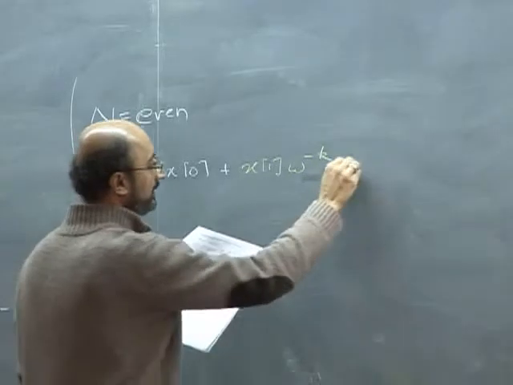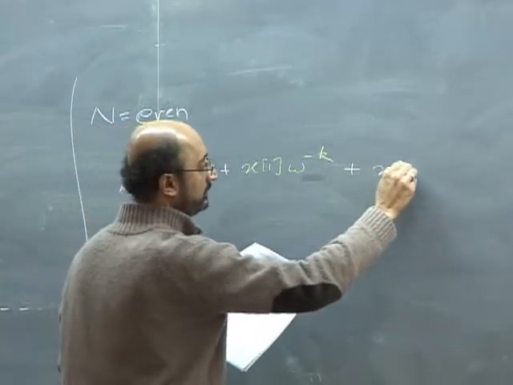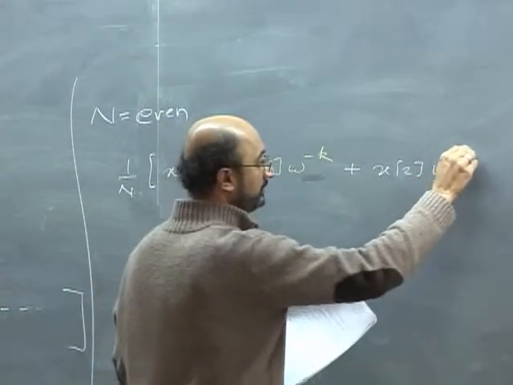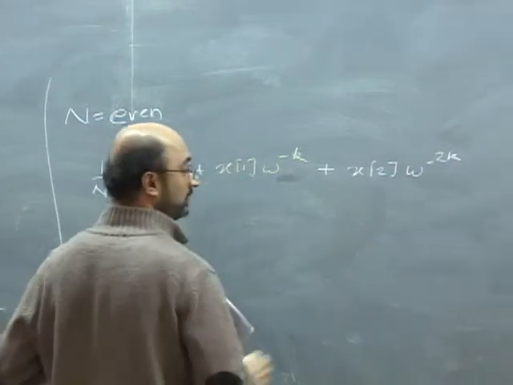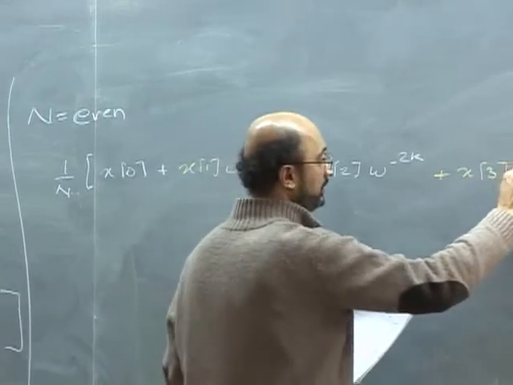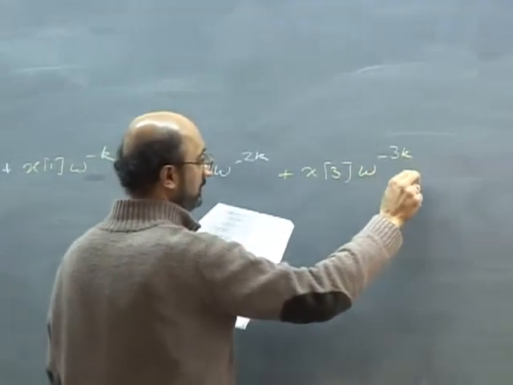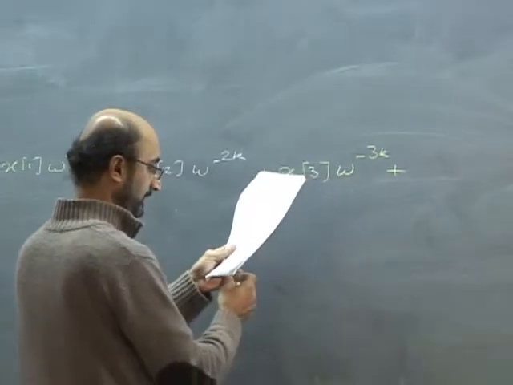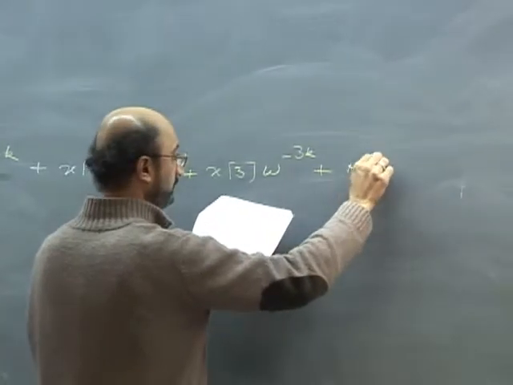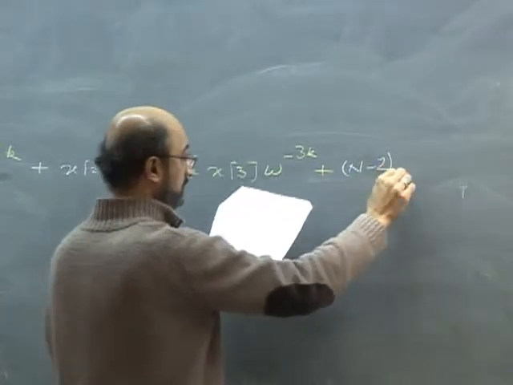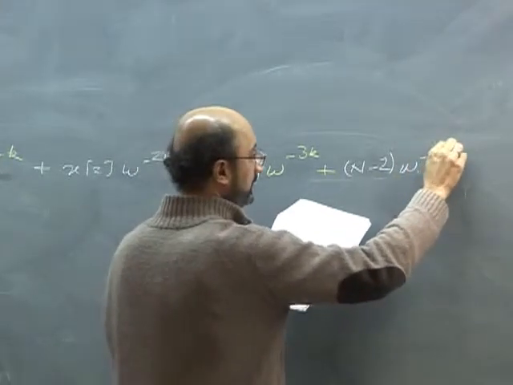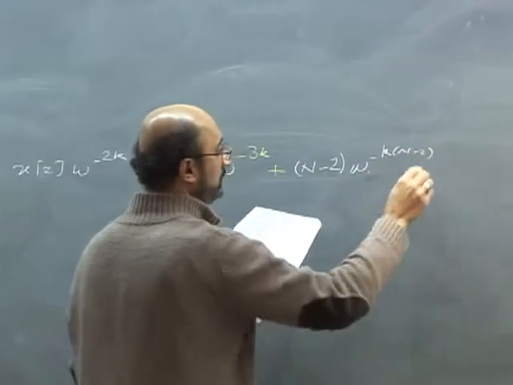So omega to the minus k, plus x2 omega to the minus 2k, plus x3 omega to the minus 3k, plus and so on, plus x n minus 2 omega to the minus k times n minus 2.